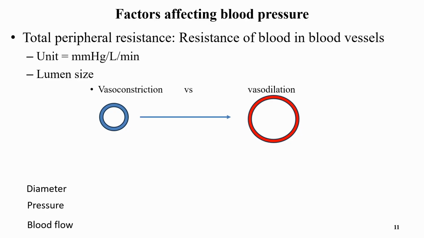So a blood vessel could be vasoconstricted. I showed that in blue because it's smaller, the diameter is way smaller, and then it is dilated, vasodilation, when it is a lot larger. And I put that in red because if you think about the color of your skin on your face, for example, when your skin is really pinkish or shows a lot of blood flow, typically that's because your blood vessels are dilated.